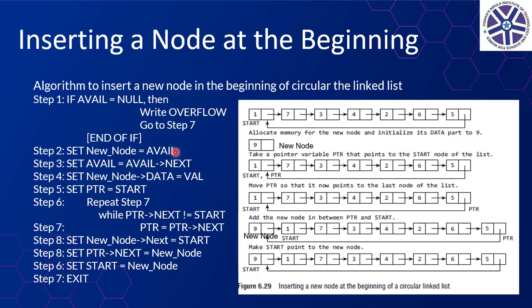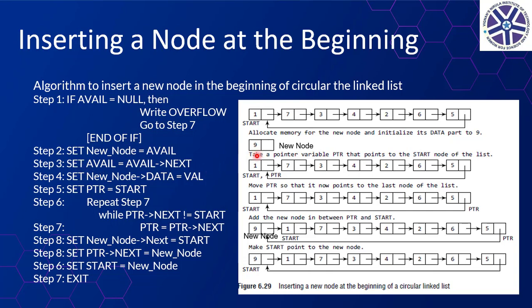Avail always points to the next available free location, and since this address is already given, we need to point to the next available space. So avail equals avail's next. The first three steps are the same for inserting a node.